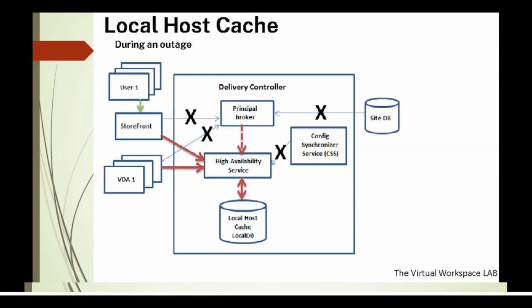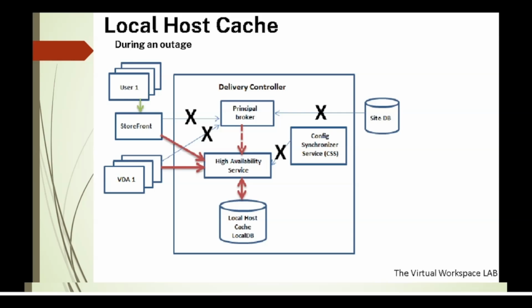If the connection between the site database and the delivery controller breaks for some reason, after 90 seconds they will elect one primary delivery controller in the Citrix site.